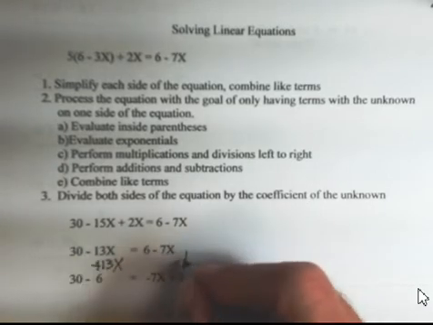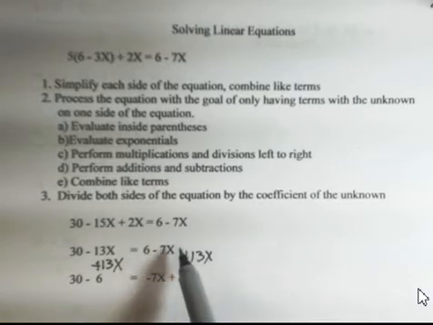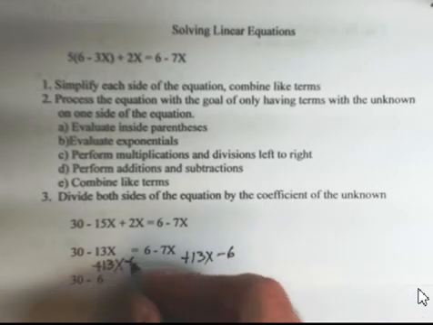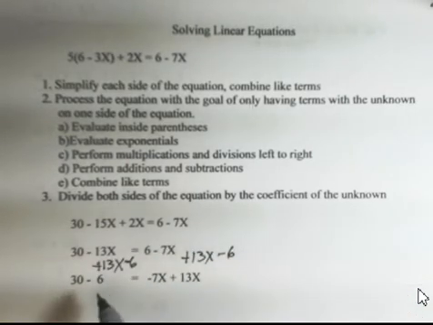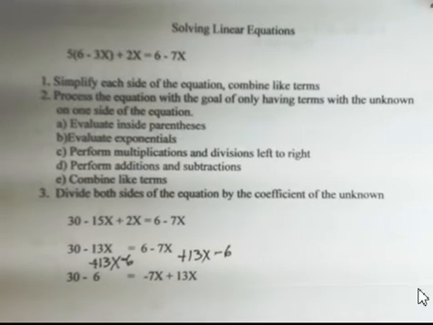But adding 13x to both sides. In addition, I have a number over here with these x terms that I want to get rid of. So I'm going to subtract 6 from both sides. So do it in your head or make some notes on the paper you're working on. But we want to end up with numbers on one side and the x terms on the other side.